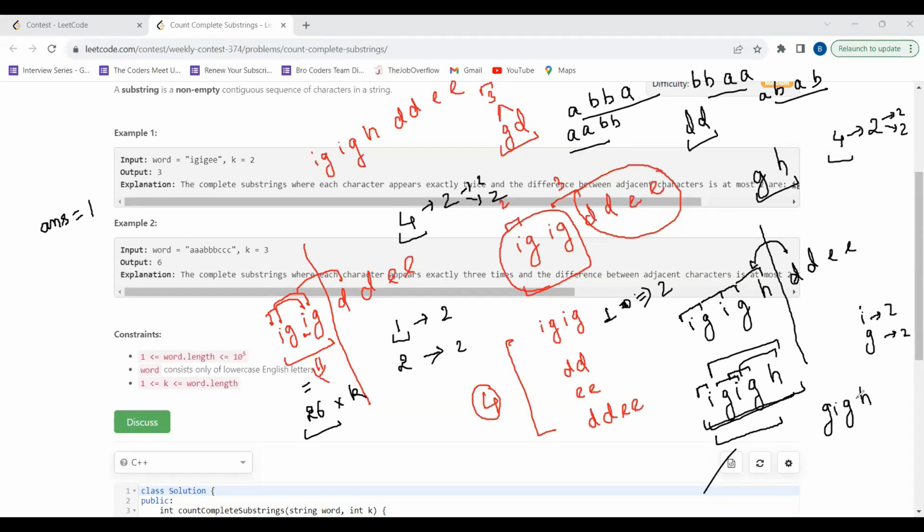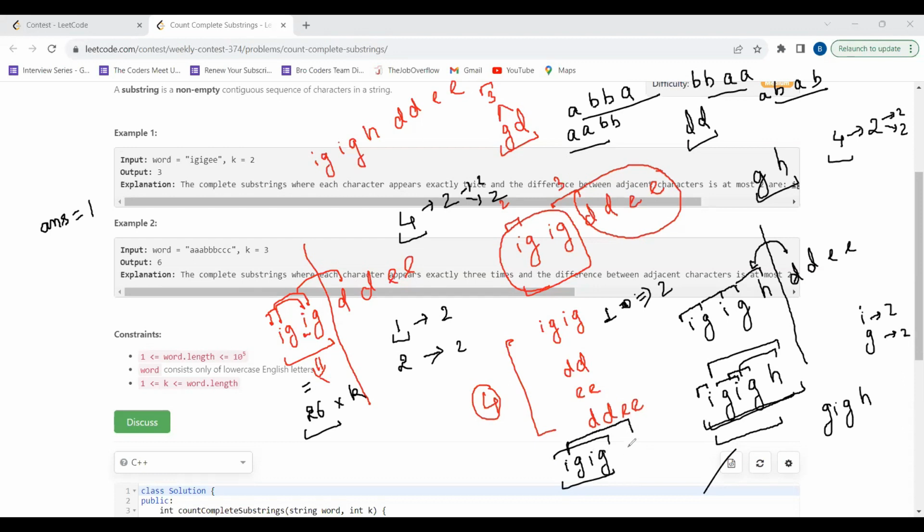And I think this is very much clear how we'll transition from this. We'll use the sliding window concept, right? To update the frequency. IGIG. In this window, we are currently in this window. We want to move to the next four letter word.